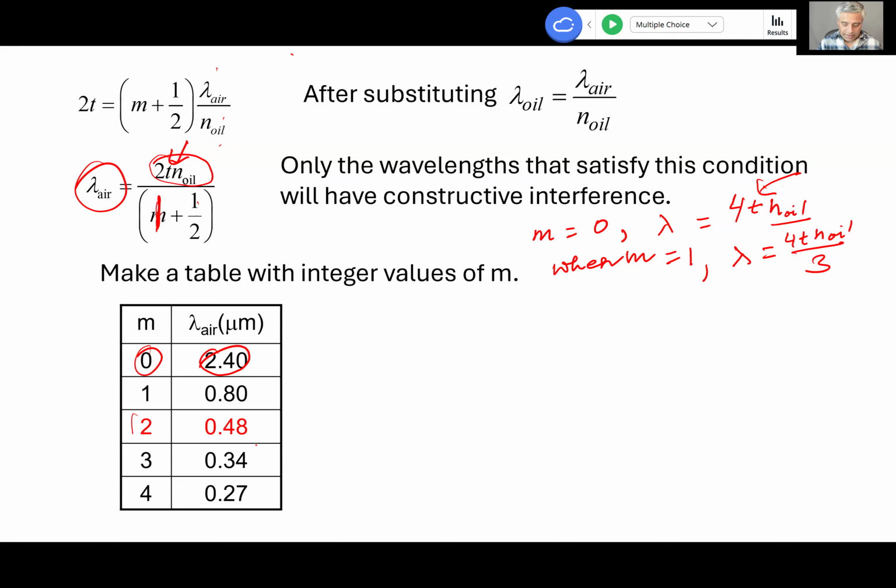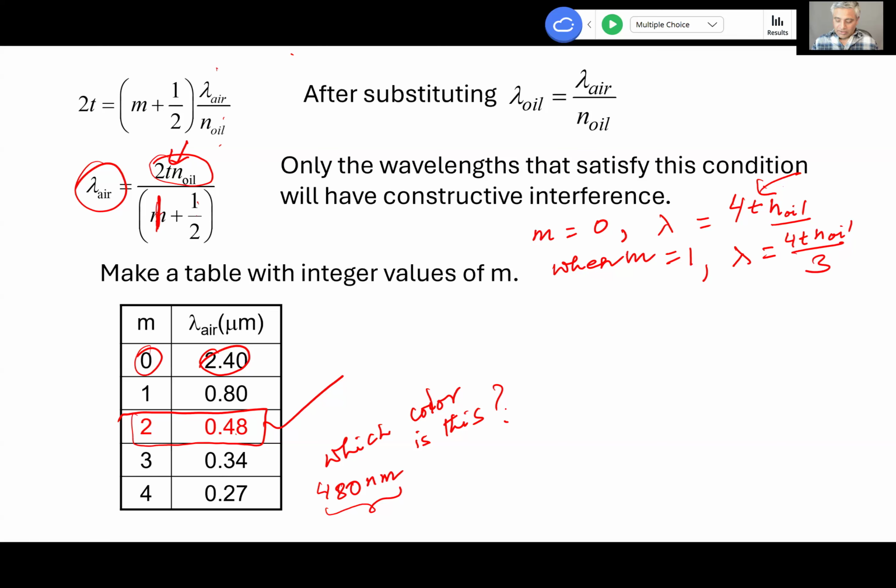The only light that is visible to our eye in this case is just that 0.48 micrometer, or 480 nanometer. Which color is this? How do we figure that out? We need to search for which color has this wavelength.